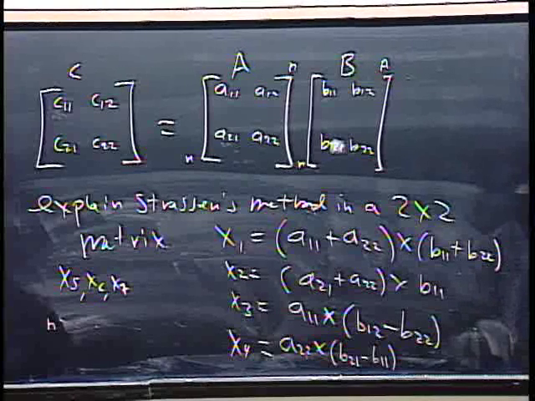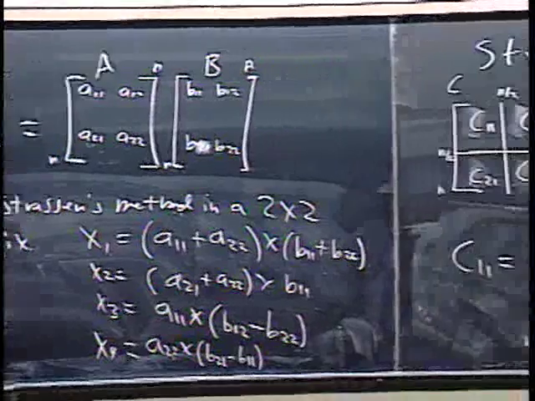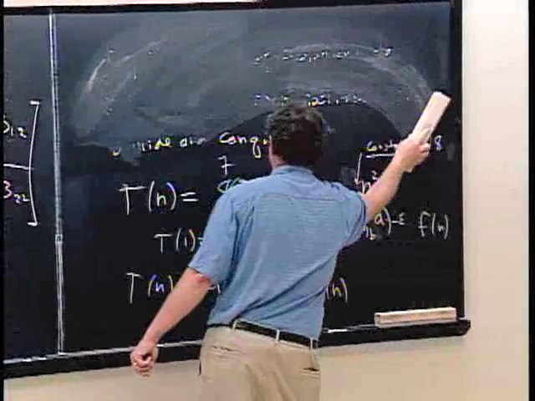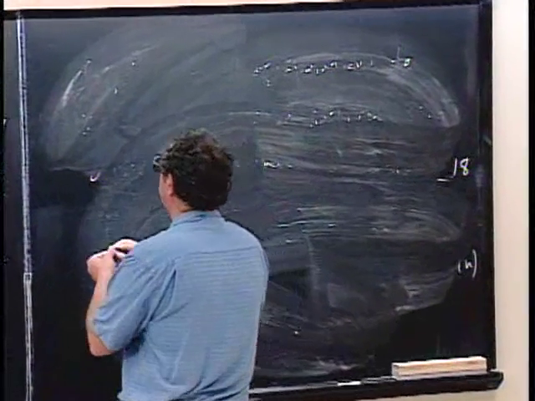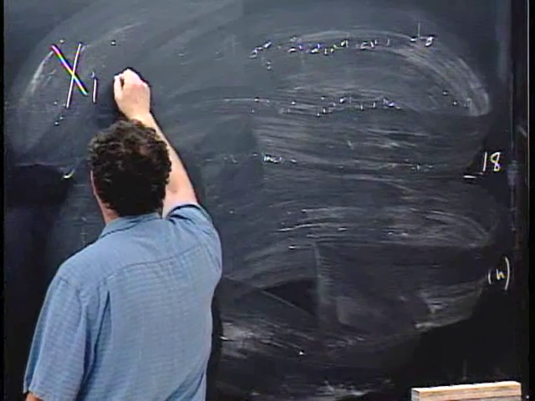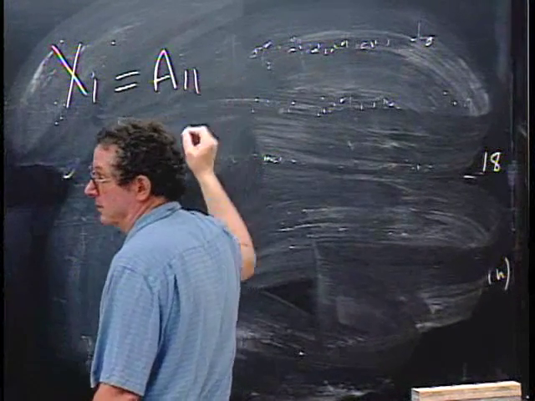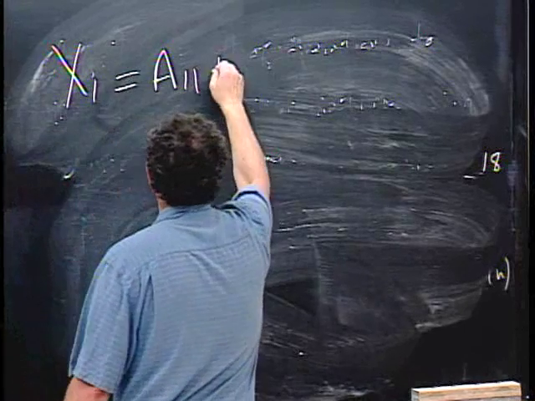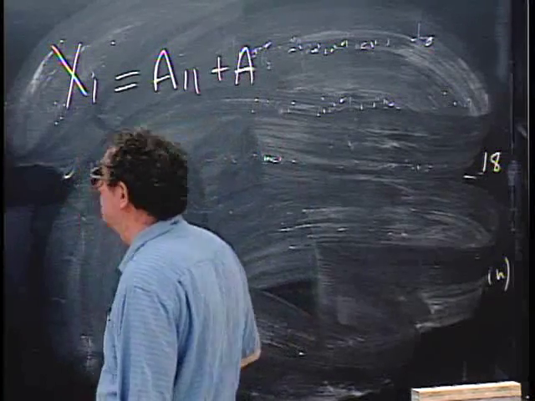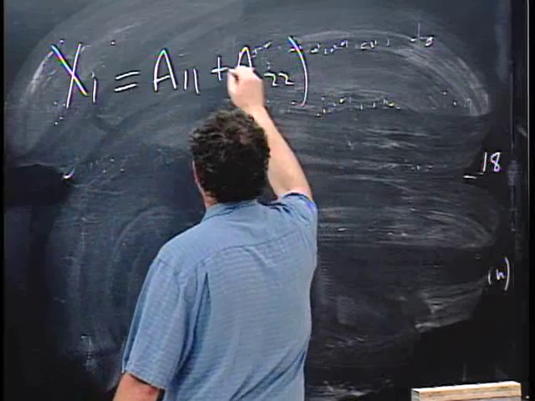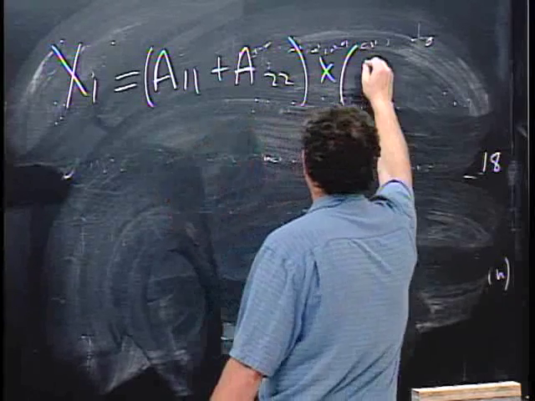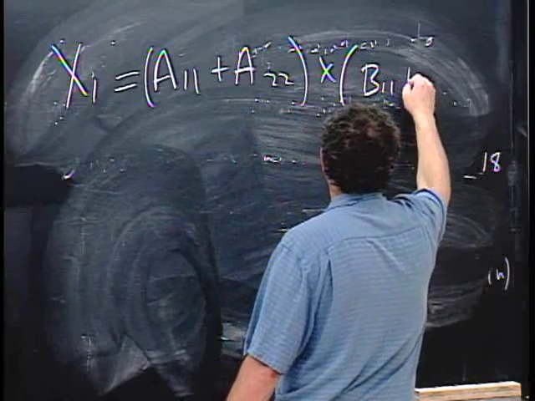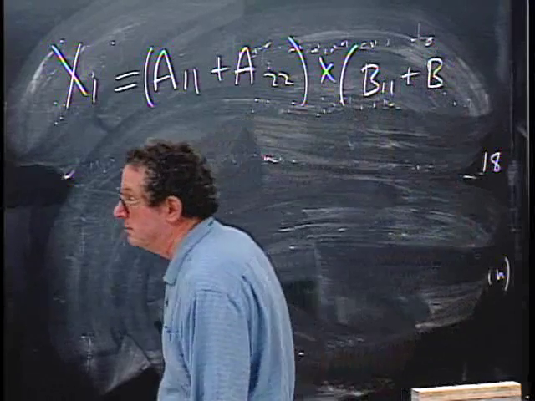Okay? I'll try to write that down. I'll erase this. So now we have a capital X1 equal to A11 plus A22, multiplied by B11 plus B22.